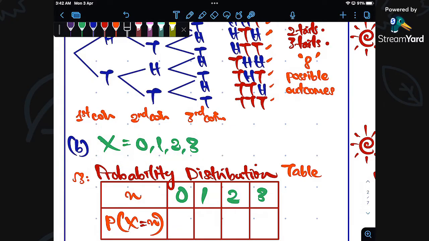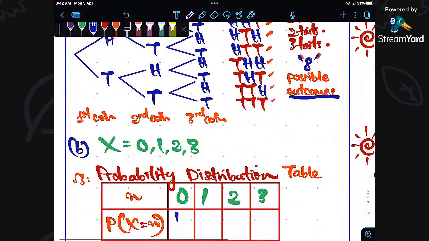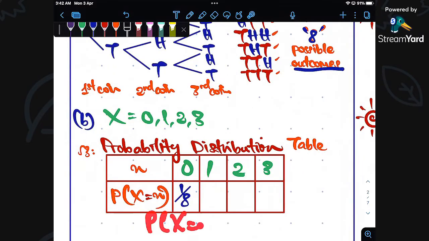Okay, so then we find the probability. What is the probability of getting 0 tail? 0 tail is just 1 out of how many outcomes? The total outcomes is 8. Therefore, there is 1 out of 8 chance of getting 0 tail. Okay, so simple.